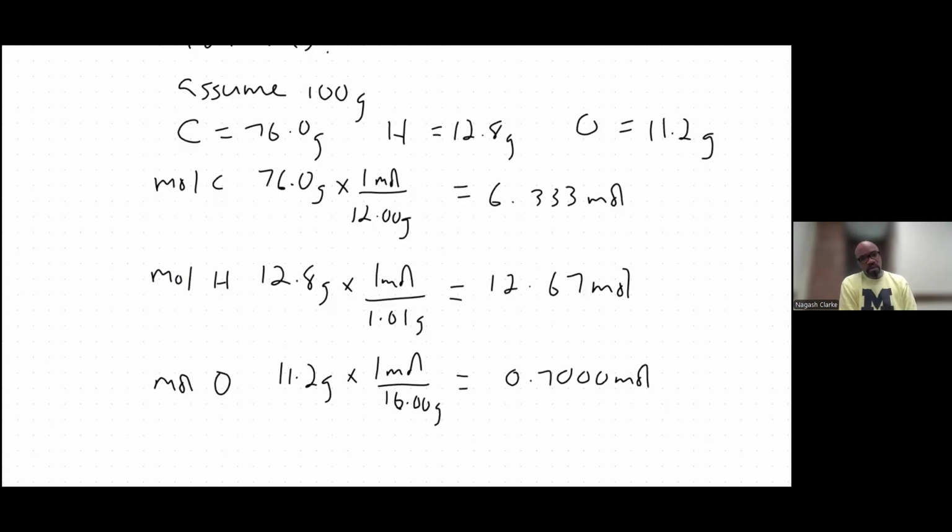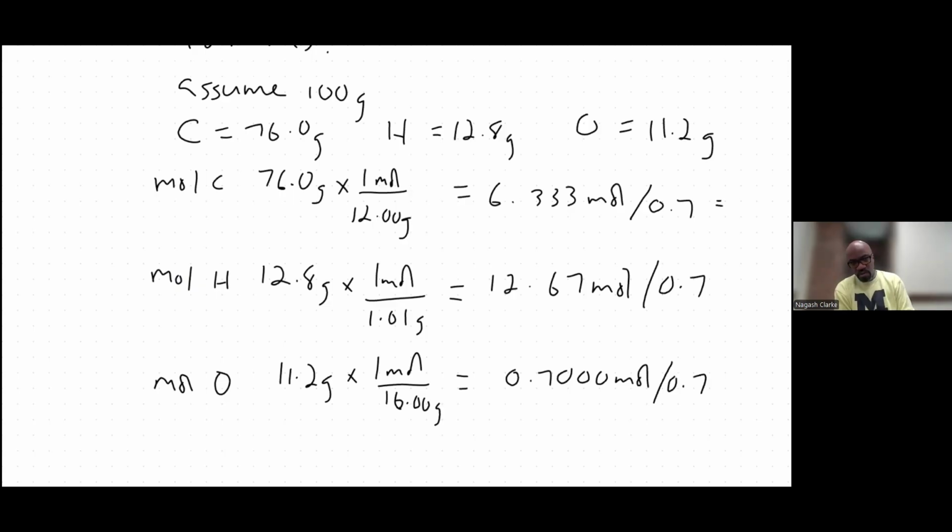Then for empirical formulas, you divide each of these moles by the smallest number of moles, so divide this by 0.7, and this by 0.7.